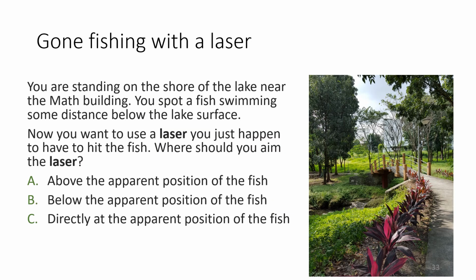For the second question, we go with the same situation, but this time we'll just use a laser to pinpoint the fish instead of spearing it. This time, it's going to be light that's traveling instead of the wooden spear. How then should we aim the laser? While it may not seem obvious at first, we should actually just aim directly at the apparent position of the fish.